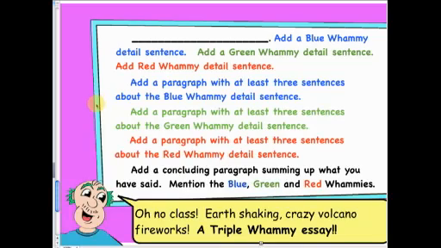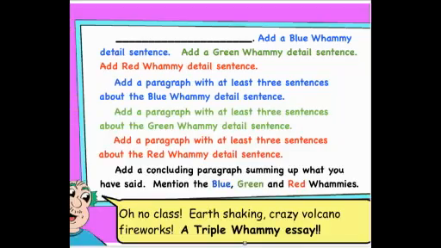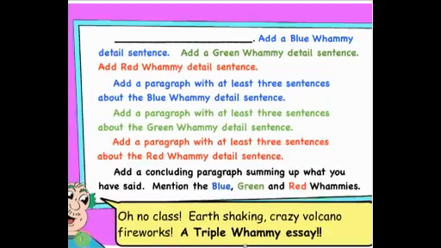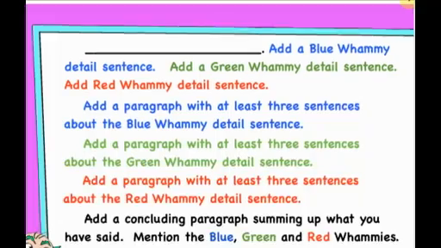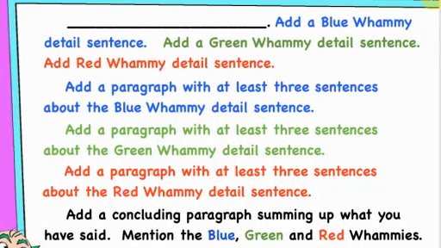There it is. It's the earth-shaking, crazy volcano fireworks triple whammy essay. Let me just zoom in on it so you can get the full triple whammy effect. Check that out.